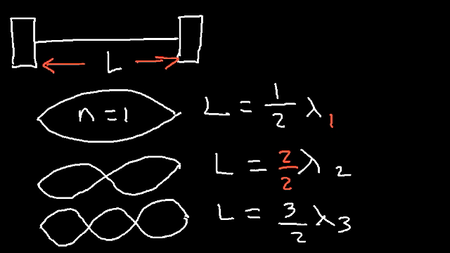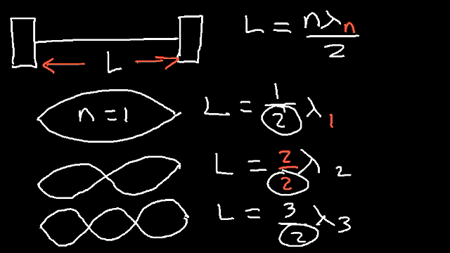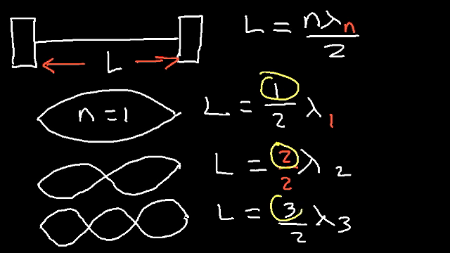So based on this pattern, we can come up with an equation. We can say that L is equal to n times the wavelength with a subscript of n, divided by 2. As you can see, this 2 does not change. However, the number on top changes: 1, 2, 3.